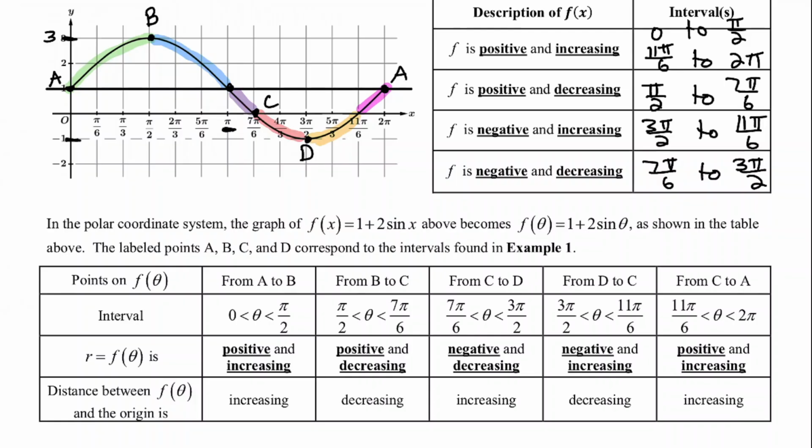If these are both positive, this is increasing. This is positive and decreasing, so this is decreasing. These are both negative, so this is increasing. These are opposites. One's negative and one's increasing, so this is decreasing. These are both positive, so this is increasing. Those are the things to keep in mind.